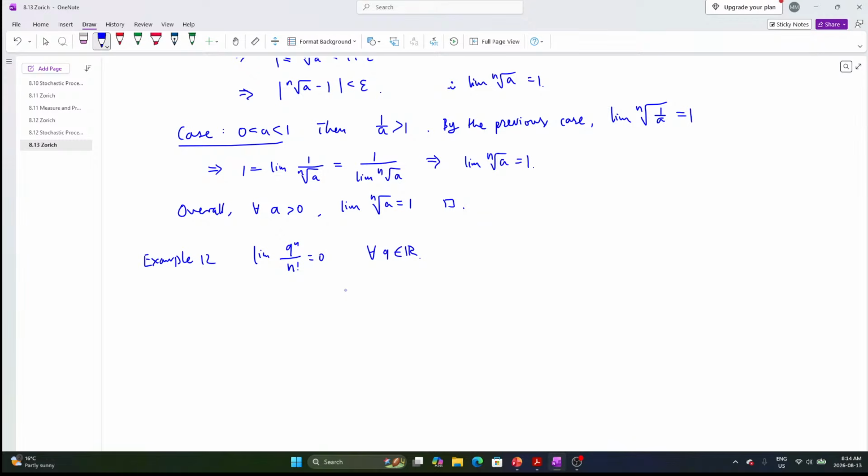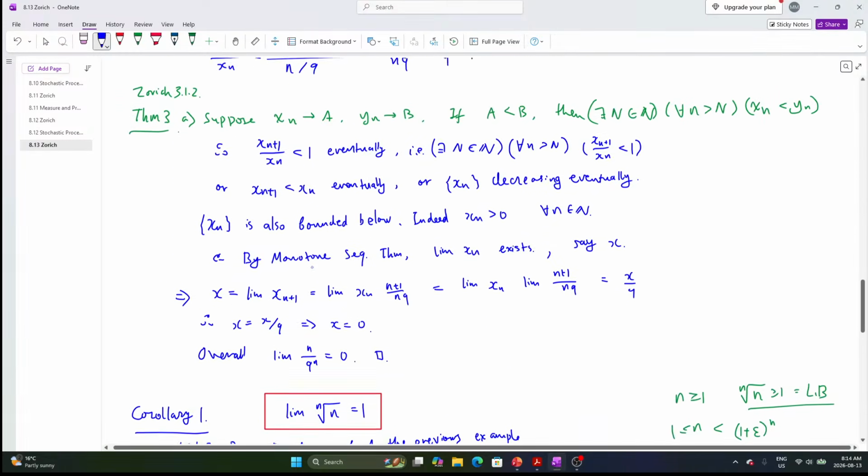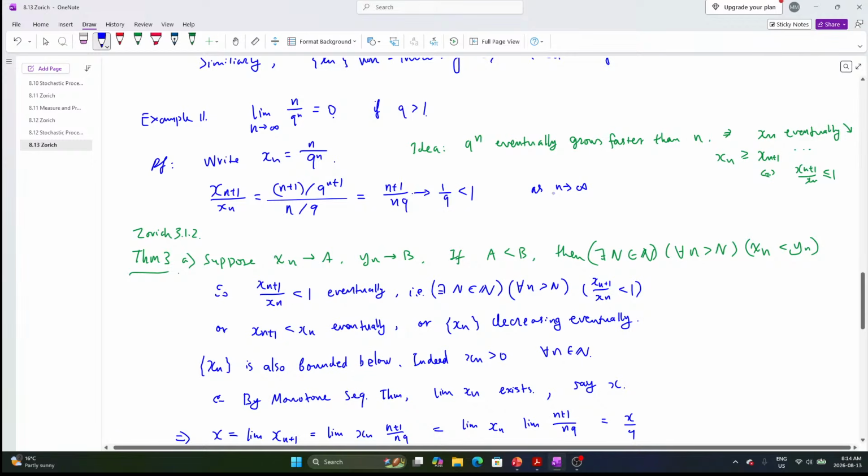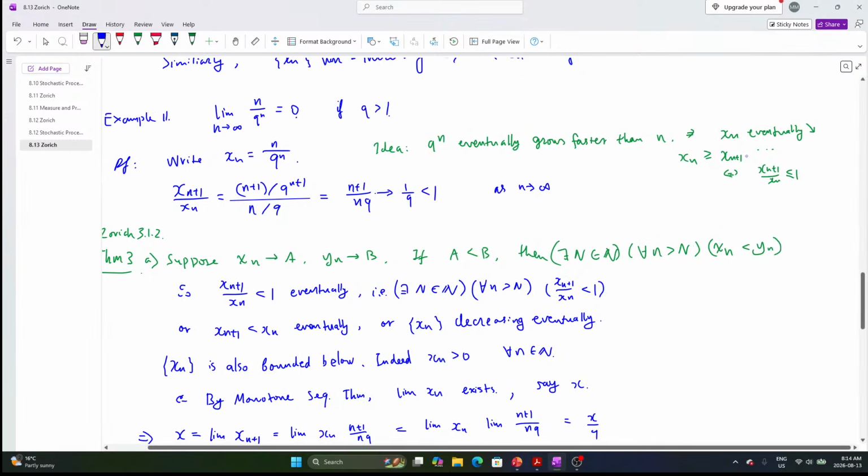So why don't we consider the same strategy we did for example 11? Because generally speaking, when you have a bunch of exponentials and factorials, taking ratio is a good idea. Right? Remember how we completed example 11. The idea is the bottom eventually grows faster than top, so you consider taking the ratio to show that the sequence decreases eventually.